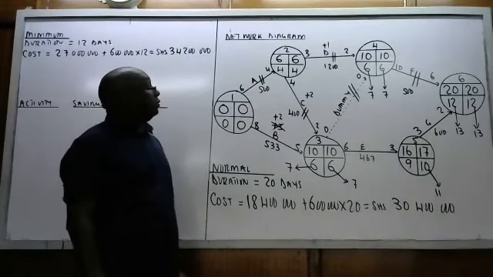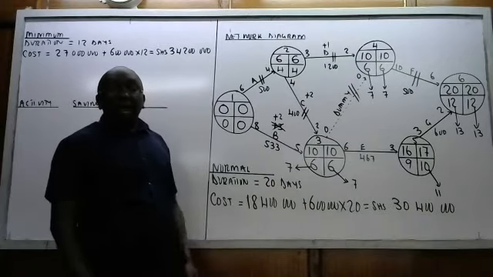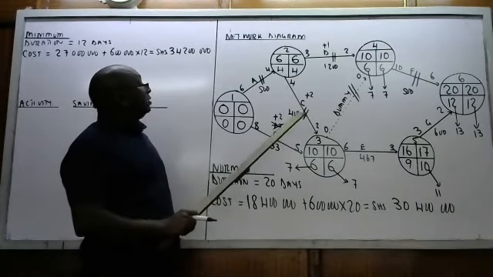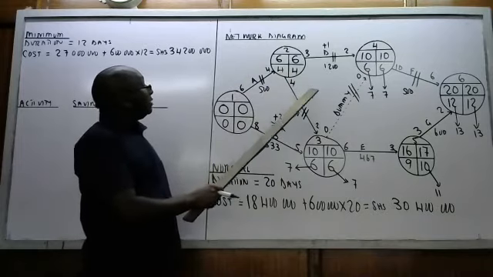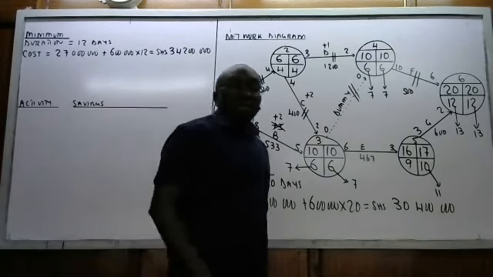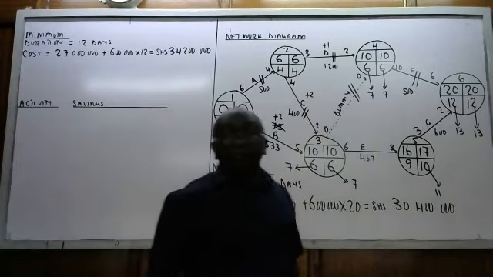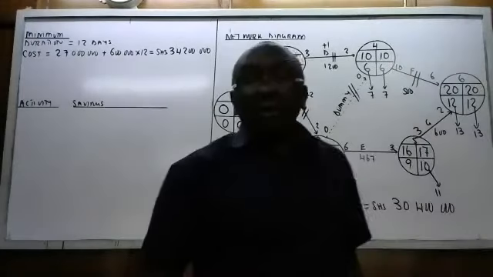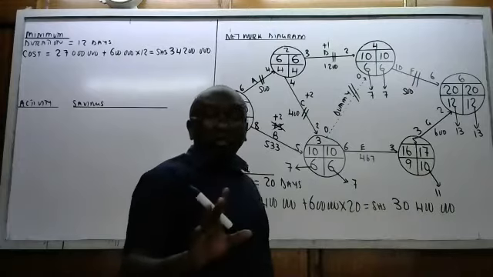Going forward, 4 plus 2 plus 2 equals 8. And we are expected here by 7.